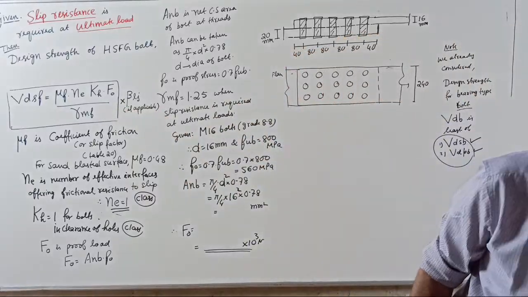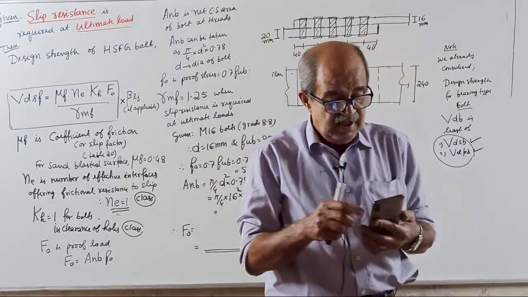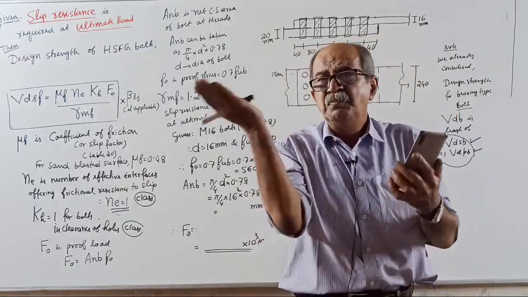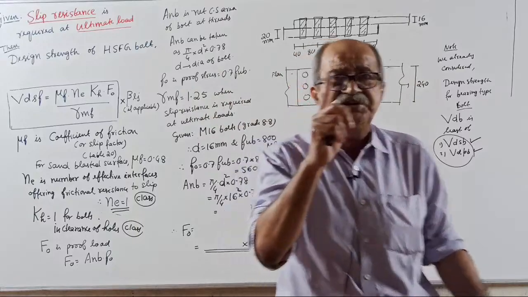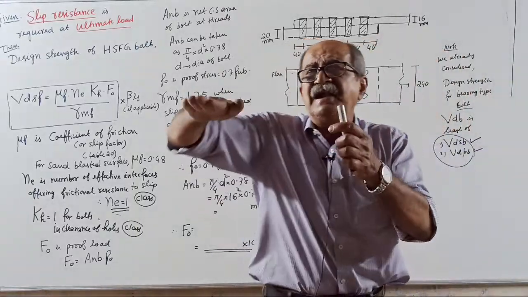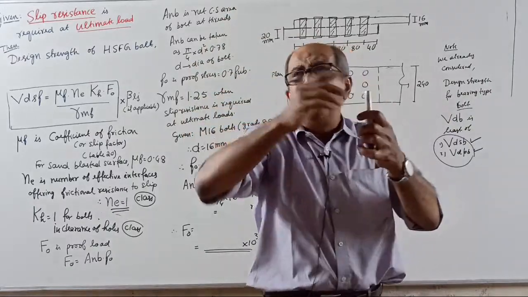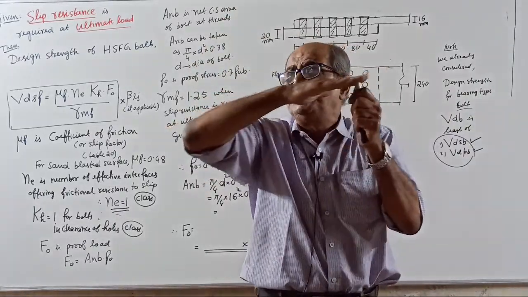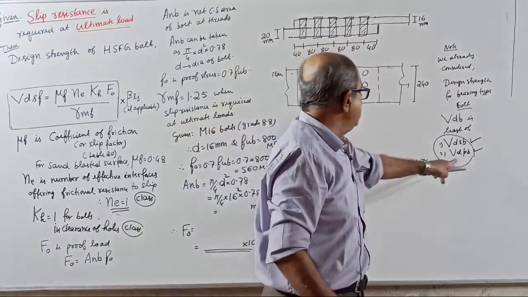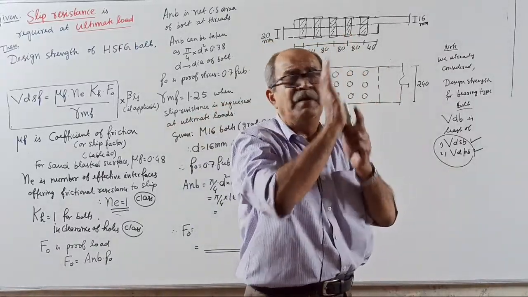In the case of bearing type bolts, the bolt cross section is subjected to shear. It will try to cut the bolt, because the bolt is effective in transferring the force by virtue of shear strength. Of course, when shear comes, automatically bearing will come.